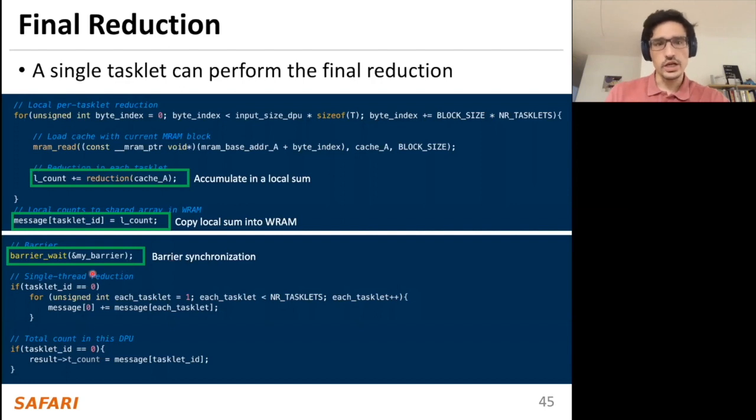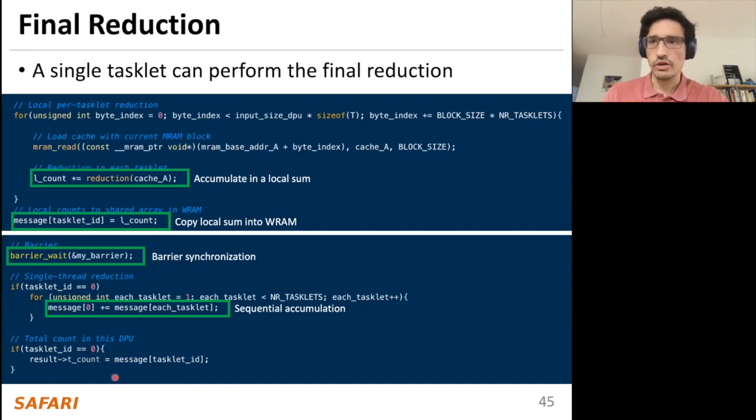They all synchronize here, and right after that, tasklet ID 0 takes over and performs the sequential accumulation by going one by one over the local counts that have been previously stored in a so-called message array, which is also in WRAM. So tasklet 0 adds all the elements of this message array and stores the actual result in some position in memory. And at some point, we will send this back to the CPU.